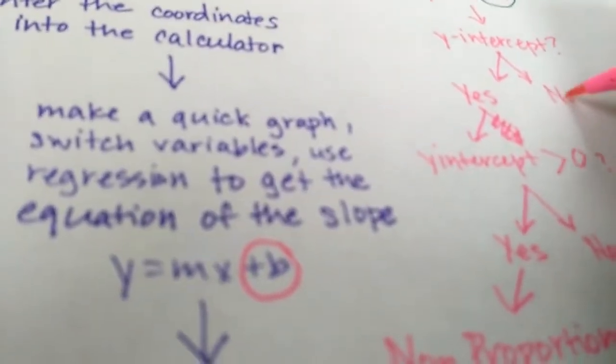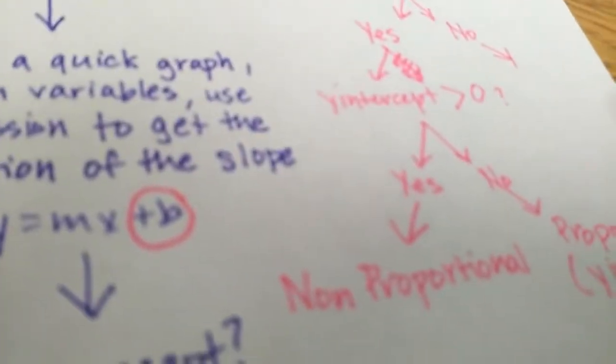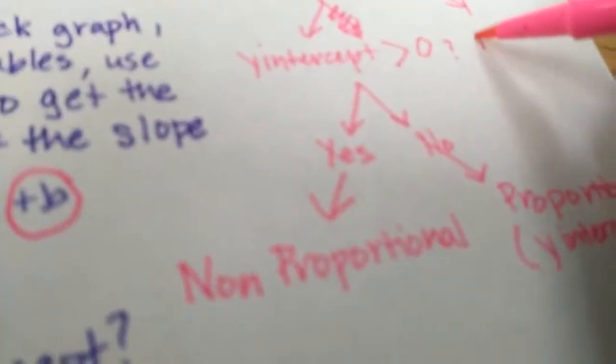All right. Finally, if there is no y-intercept, it is proportional.